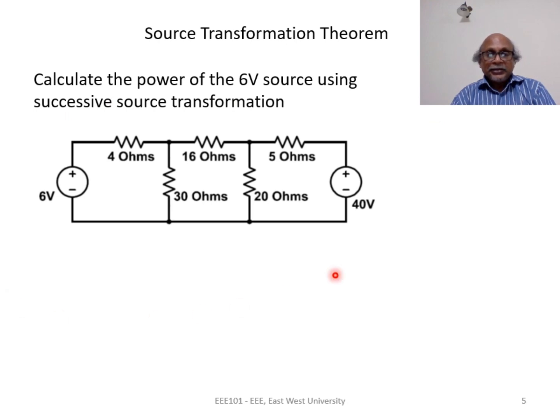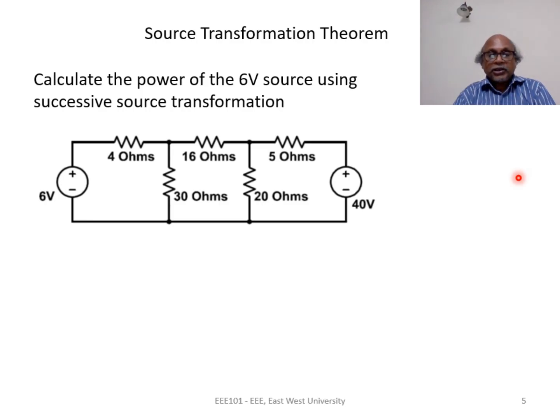If we inspect this circuit, we observe that no two resistances in this circuit are in series and no two resistances in this circuit are in parallel. So it is not possible to simplify the circuit by using series parallel combination. In such cases, source transformation is an alternate approach to simplify the circuit.